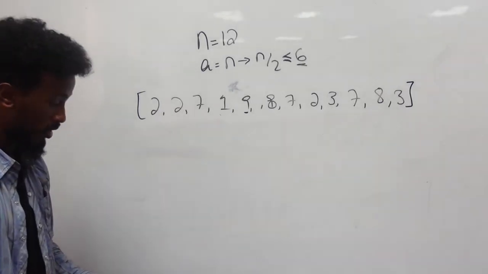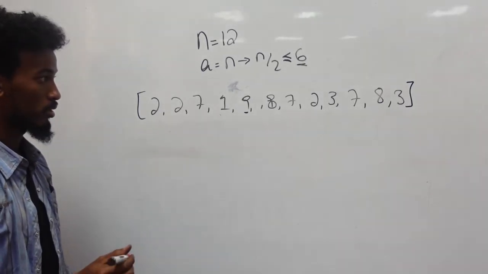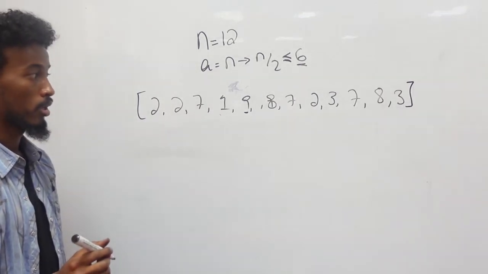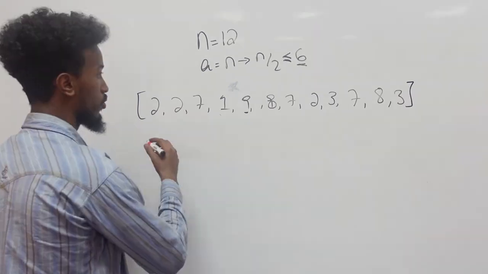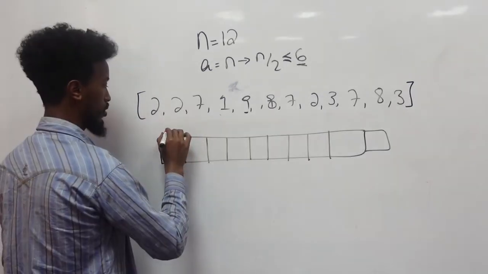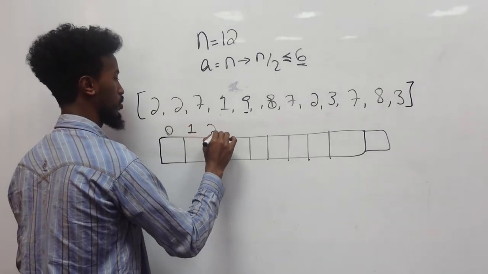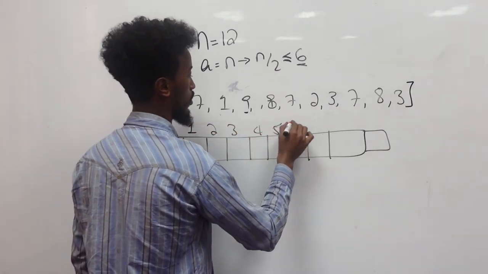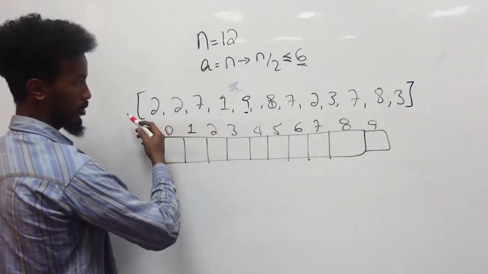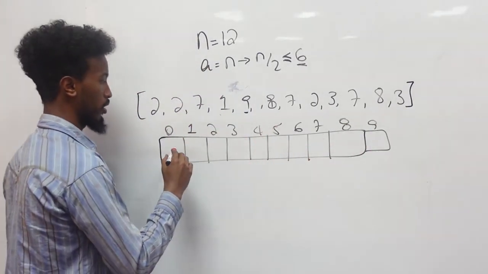What we can apply is counting sort to count the number of occurrences of a given number. For this one the maximum number is 9, so we should create an array representing 0, 1, 2, 3, 4, 5, 6, 7, 8, and 9. Then we iterate through the array and populate the values.